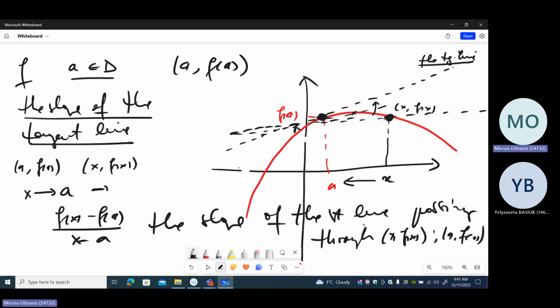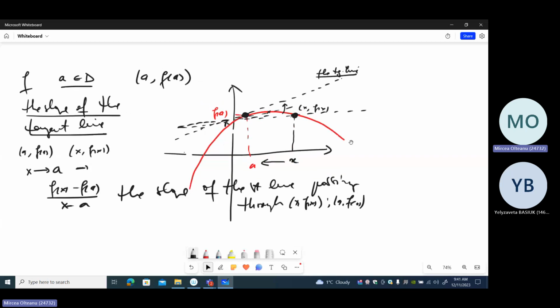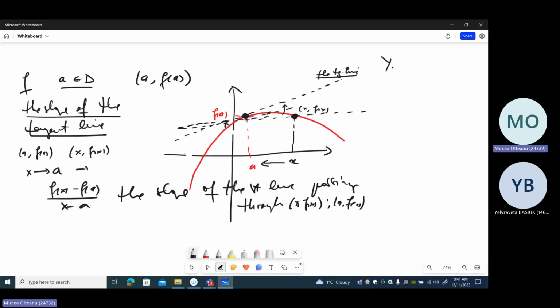Is it clear or not? I'm talking about that formula, y b minus y a over x b minus x a. Here this is the point b, and this is the point a in our previous notations. The slope was the subtraction of the y coordinates, and below we have the subtraction of the x coordinates. This is the slope.